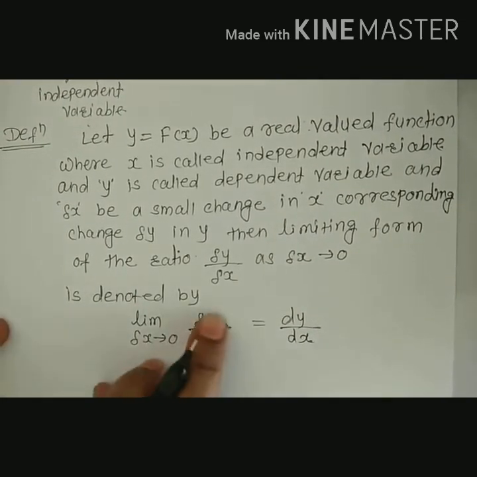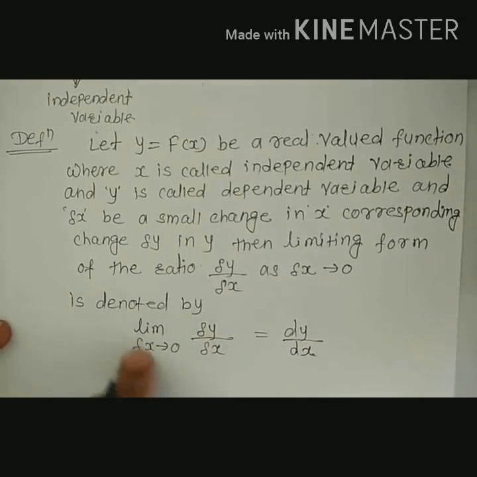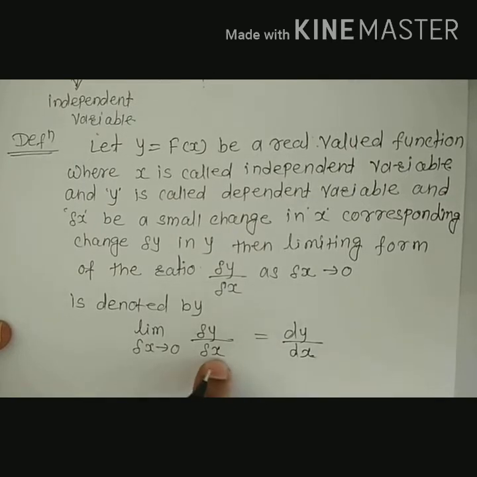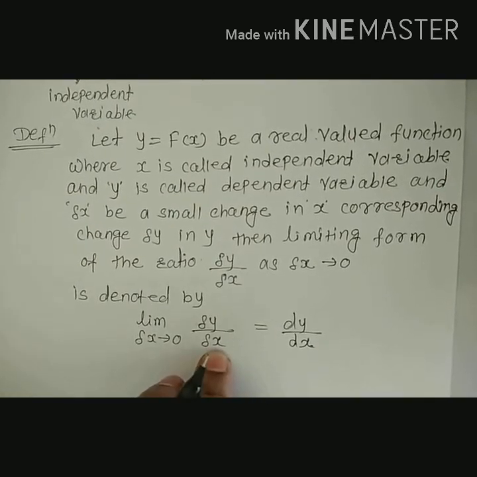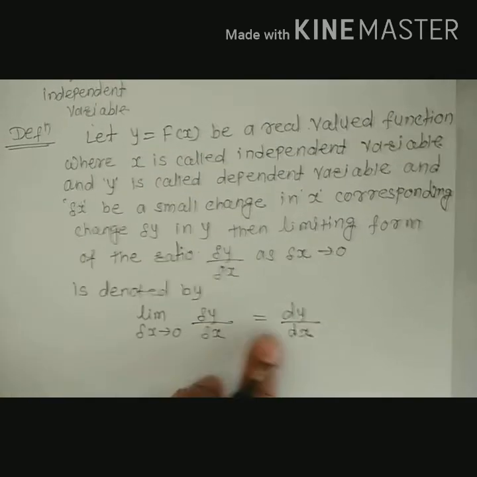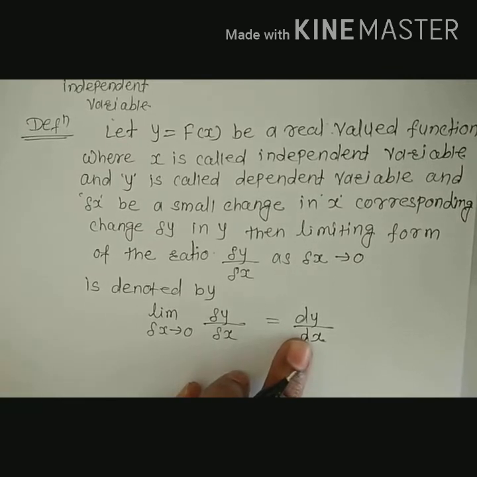Means the limiting of the incremental ratio is dy by dx. Delta y and delta x are the small changes in y and x. That is, the limiting ratio of delta y by delta x is dy by dx.